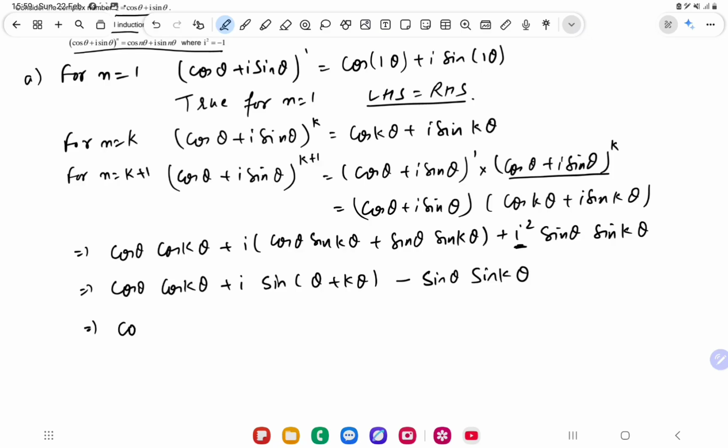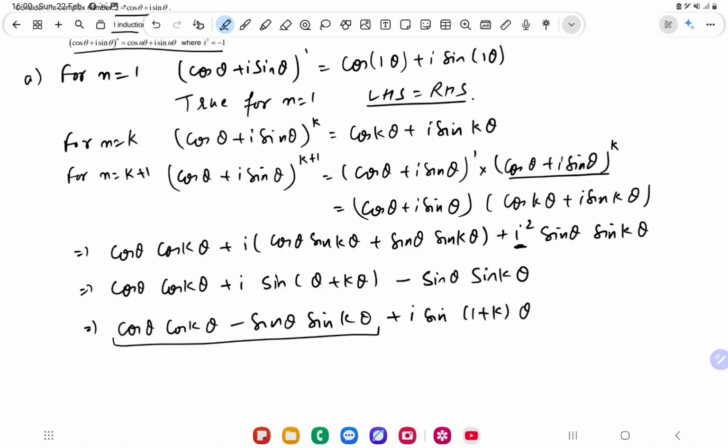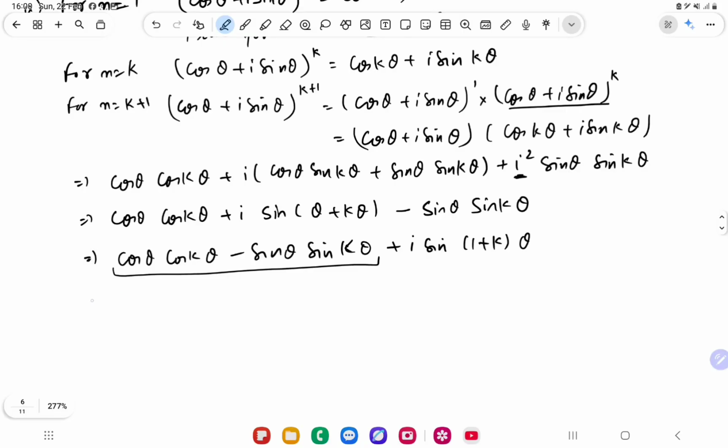So finally I can write it as cos theta cos k theta minus sin theta sin k theta plus the i part, where I can take theta common, so this will be 1 plus k times theta. And again I can apply the compound angle identity in this: cos A cos B minus sin A sin B is cos of A plus B, plus i sin 1 plus k theta.